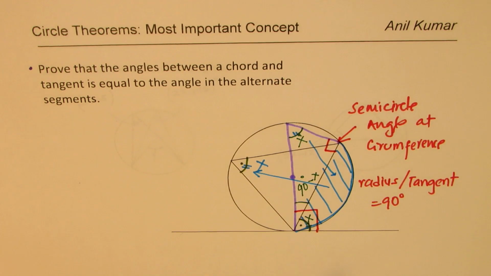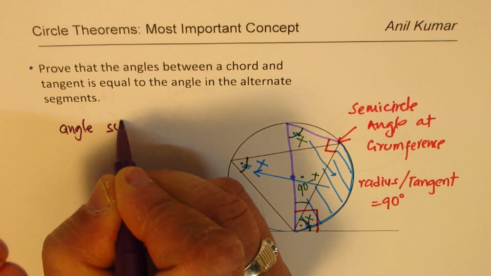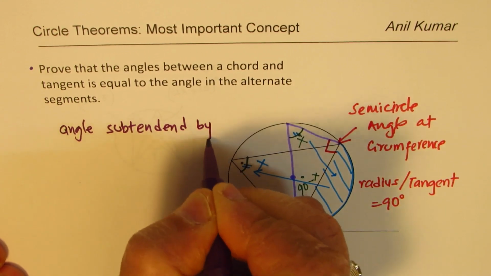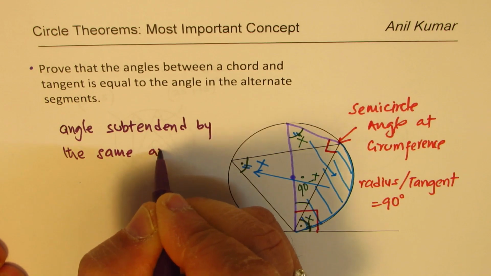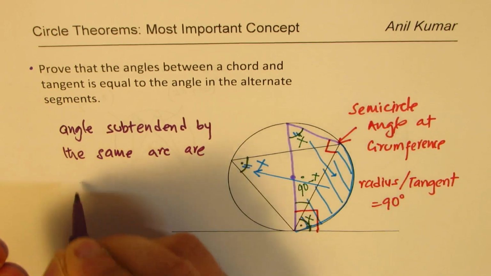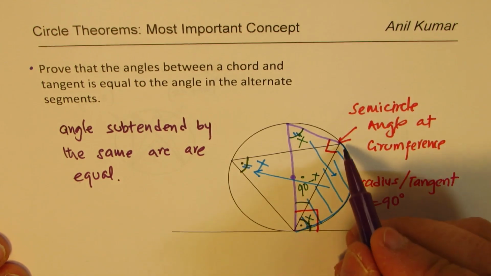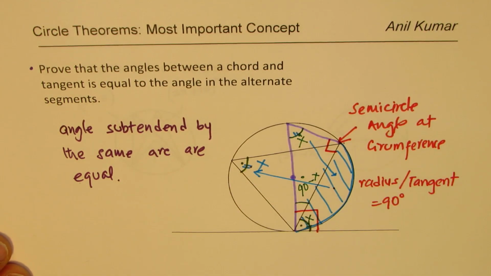So what we did here was that we used the theorem that the angles subtended by the same arc are equal. Does it make sense? So that is the arc, this is the segment, and this is called the alternate segment.